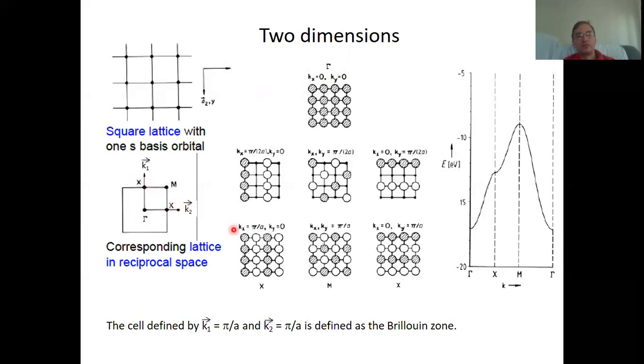So now in x direction we have to flip the algebraic sign of every other 1s orbital, whereby in y direction we do not flip the algebraic signs at all. So you see that this results in this crystal orbital here. We can again evaluate the bonding situation of this crystal orbital, and we see that it is non-bonding because we have only anti-bonding interactions in x direction and only bonding interactions in y direction.